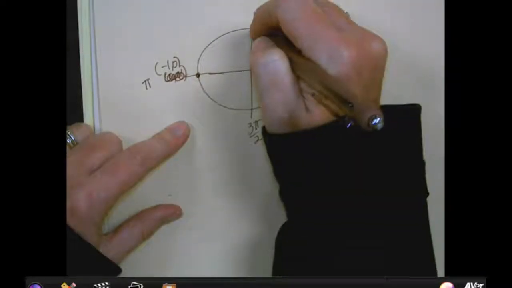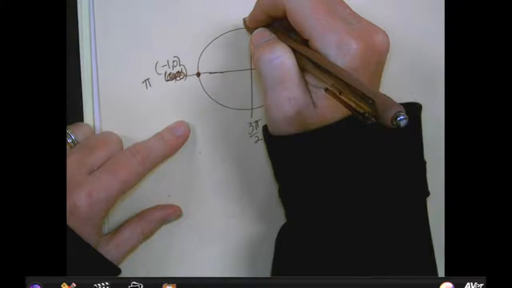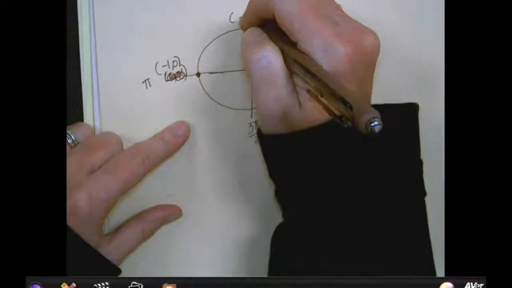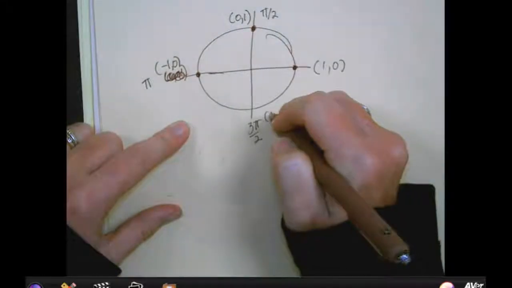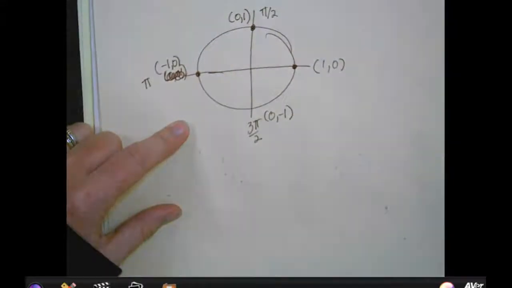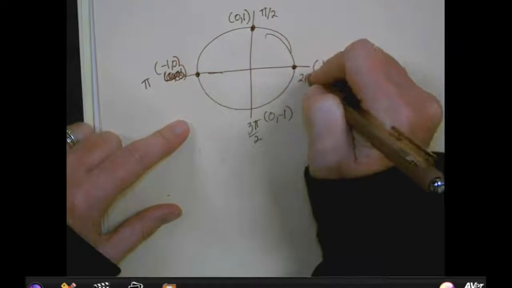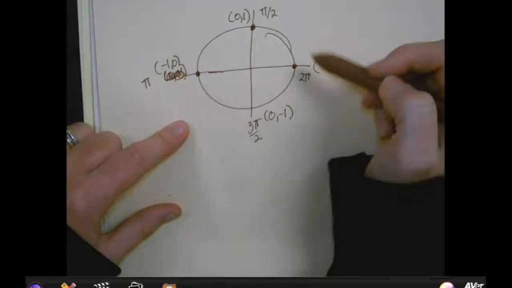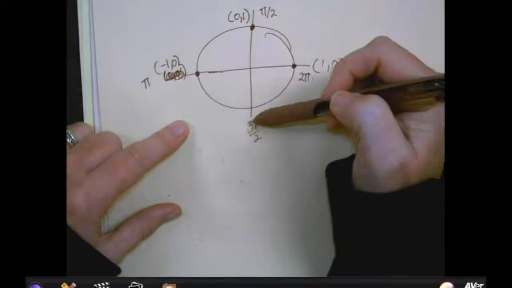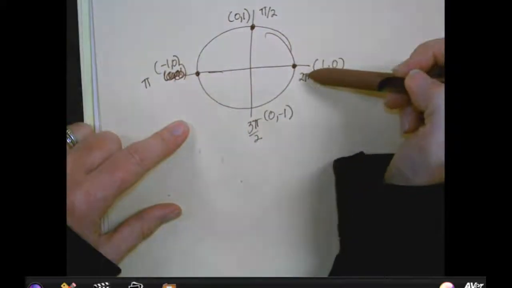So what is this point, Isaac? So I have 0, pi over 2, pi, and 3 pi over 2, and I come back to 2 pi.